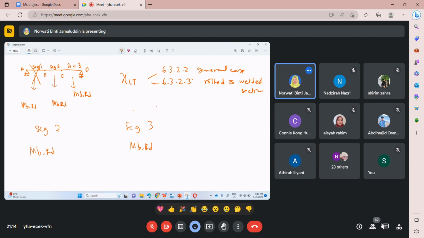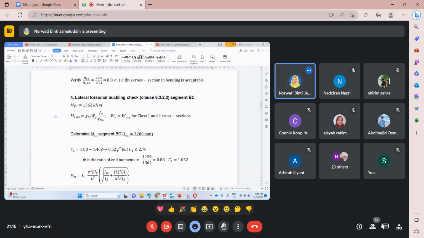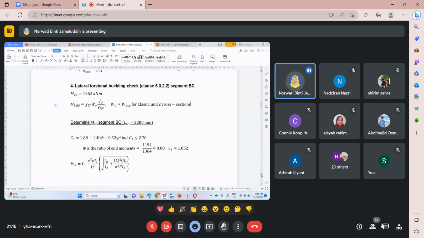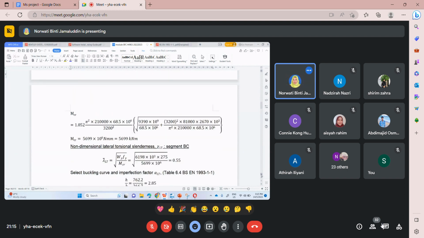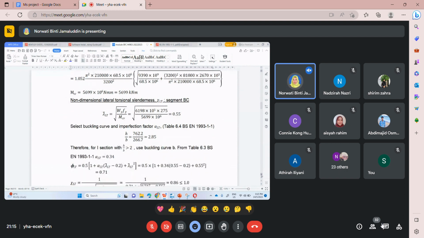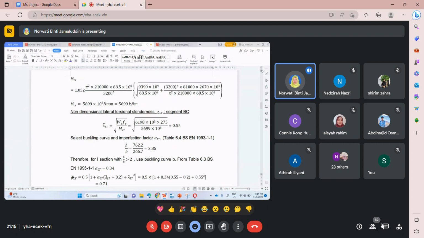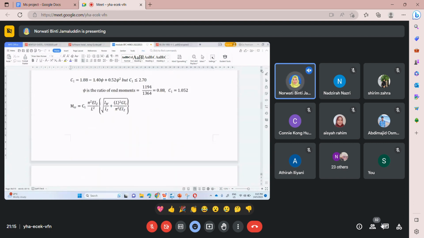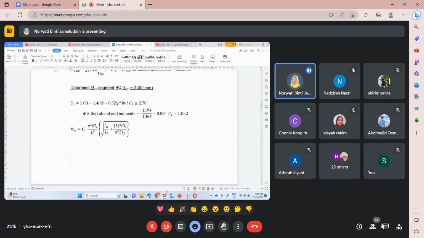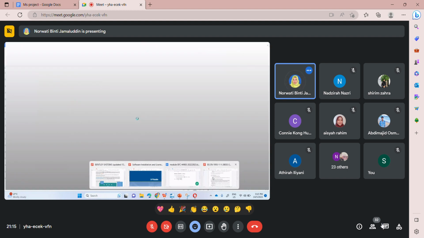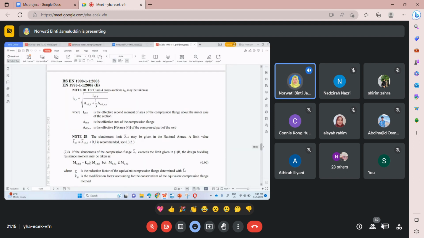Okay, in this case, it's using the general case. Let's see. Okay, general case. So for the general case, refer to clause 6.3.2.2. This one.